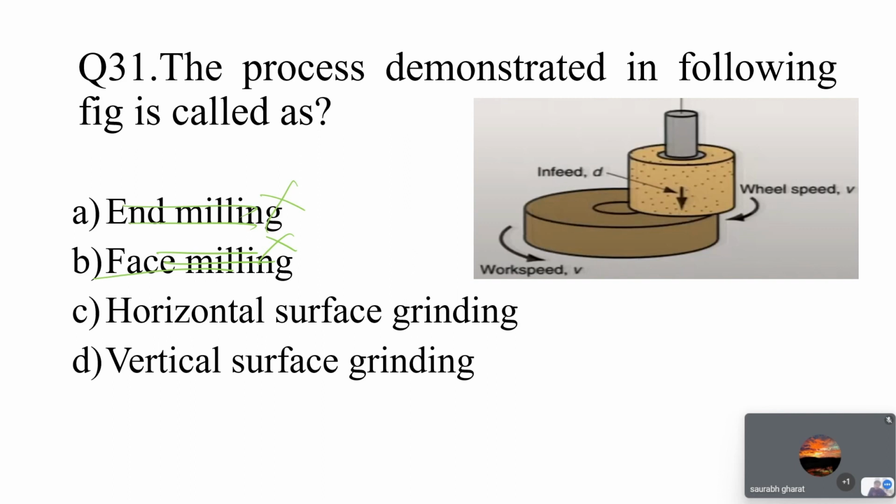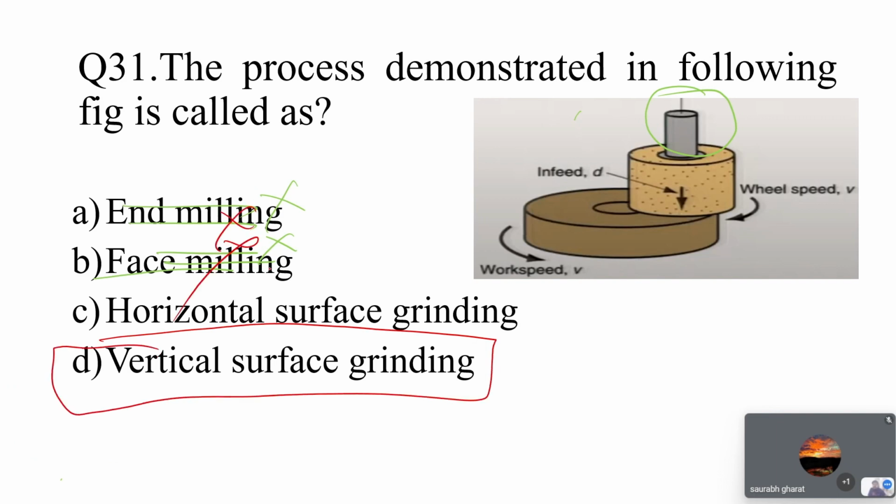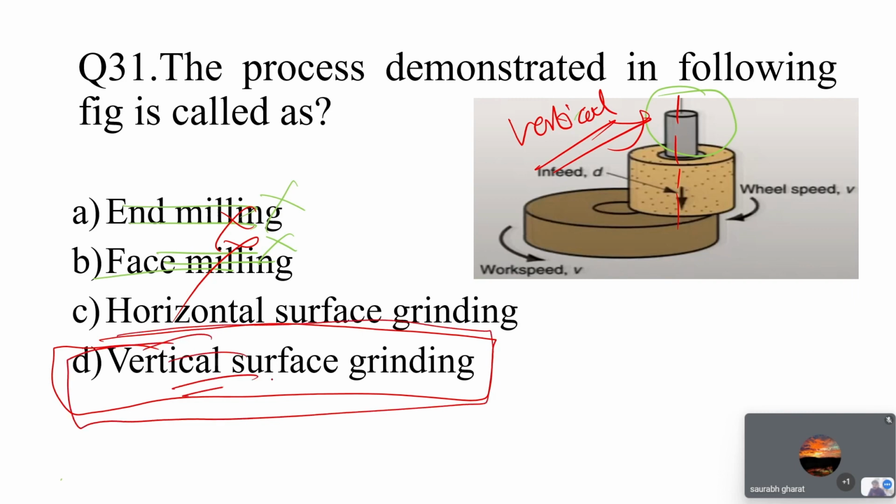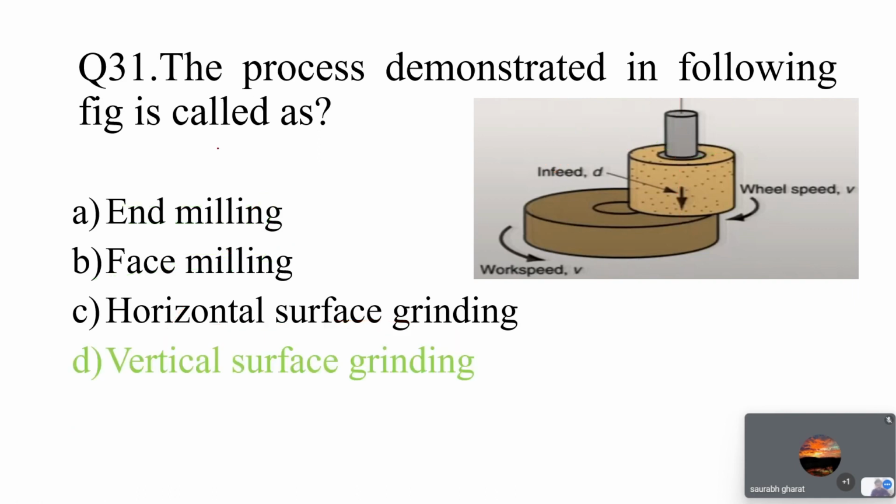Your axis is vertical here, as shown. If we have a vertical axis, it simply means a vertical surface. Milling was discarded previously. So as the axis is vertical, it is vertical surface grinding. So this is your answer: vertical surface grinding.